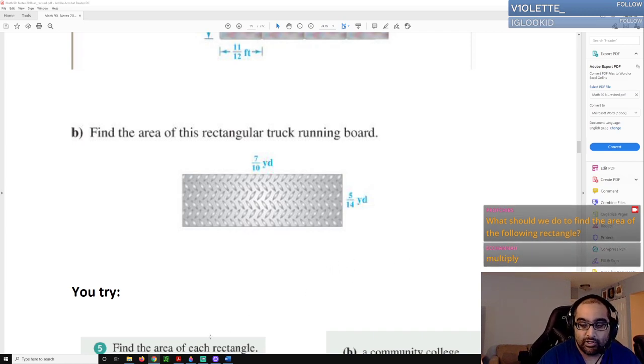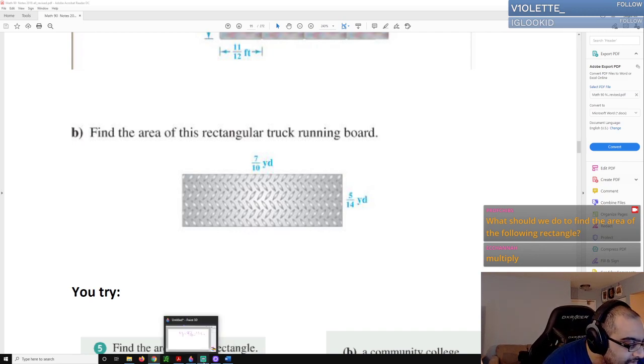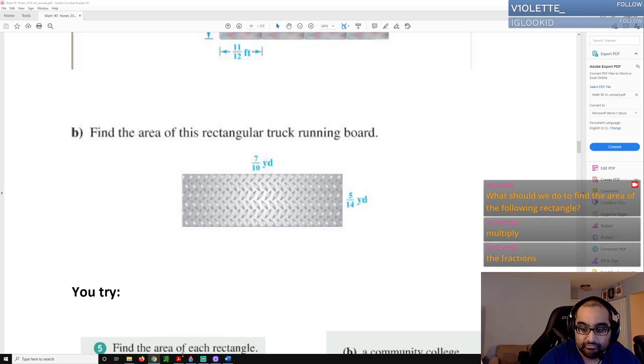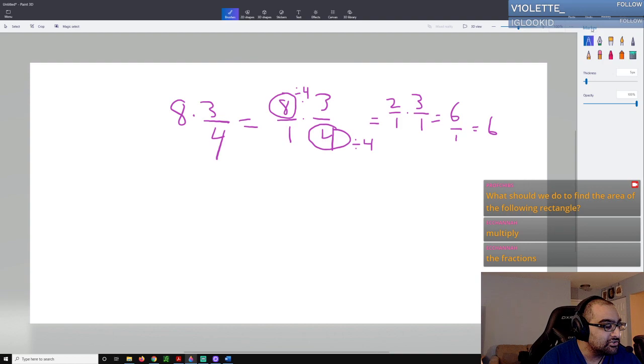So what should we do here to find the area of this rectangle? Okay, multiply what? What are we multiplying here? Okay, multiply the fractions. So why don't you tell me how I could multiply these fractions? I have 7/10 and 5/14, that's the length times the width.